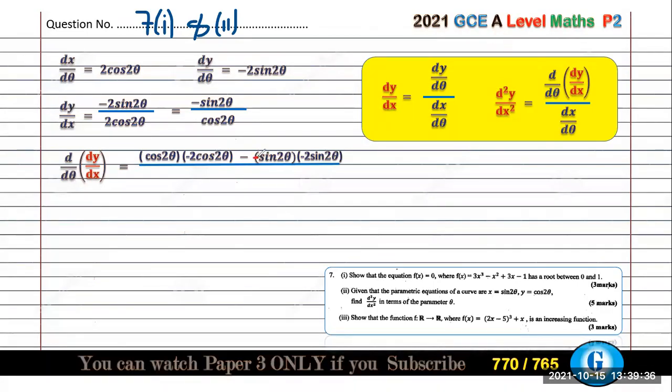All this on the bottom squared, so you have cos 2 theta all squared.